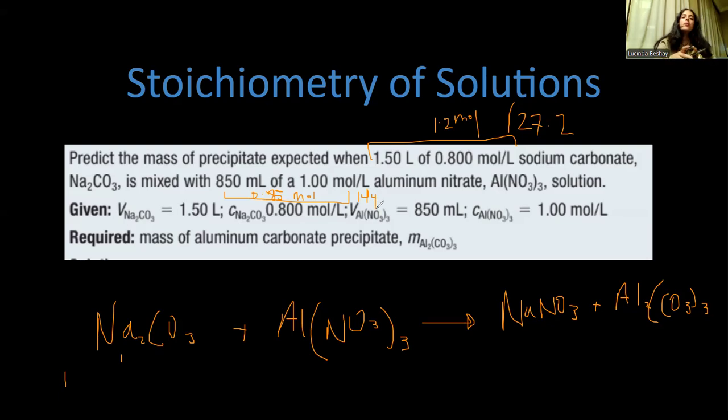So then what's the limiting reagent in this scenario? Notice the limiting reagent is actually the sodium carbonate. I have less of the sodium carbonate. So then when I do end up wanting to calculate the mass of aluminum carbonate precipitate, I would do 127. I think this was 127.